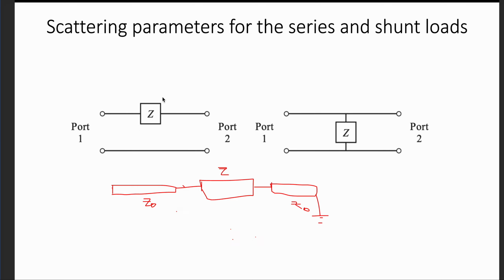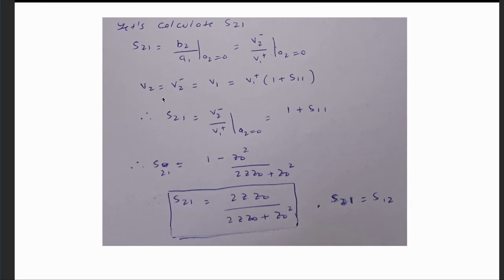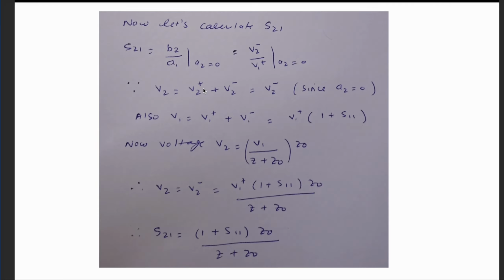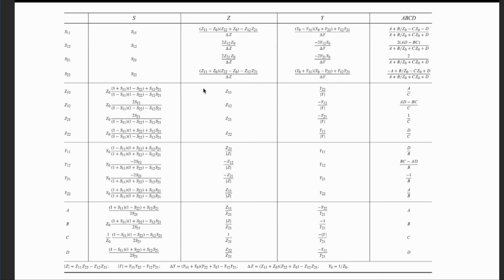Again, this is a general way to do this, but the other way is, you already know the ABCD matrix of this, which you have already done in class, and as I already showed you in the table, you can just plug the values of ABCD into the given expressions here.